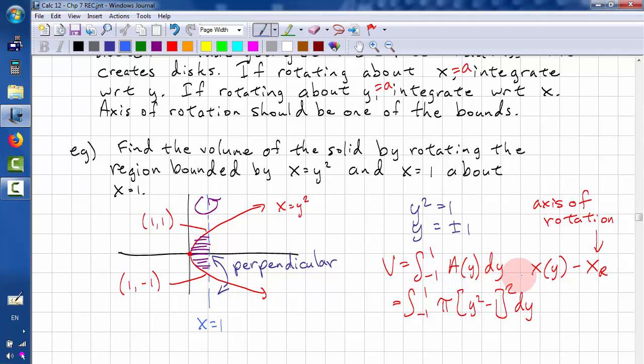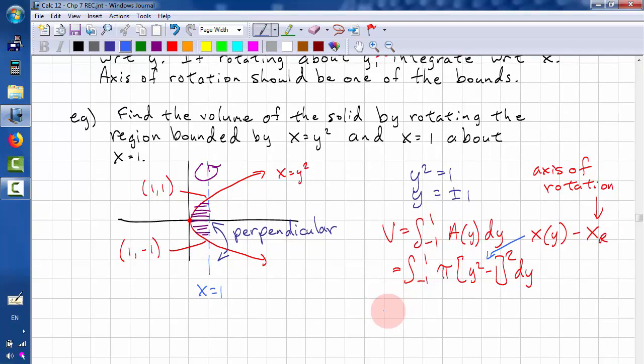And notice that our x of y is smaller than our axis of rotation. So we're going to get a negative value here. Does that matter? It mattered when we were doing area between curves. Here it doesn't matter because we're squaring our result, and that will give us a positive value anyways.